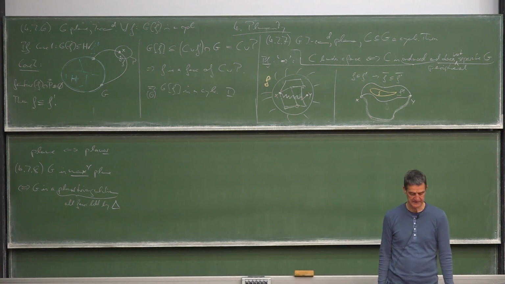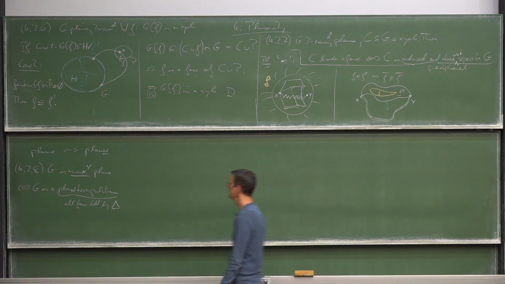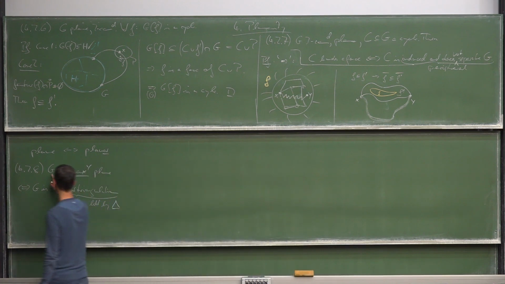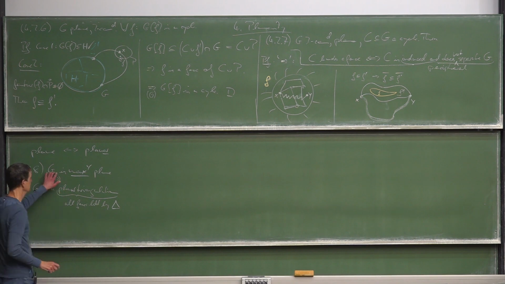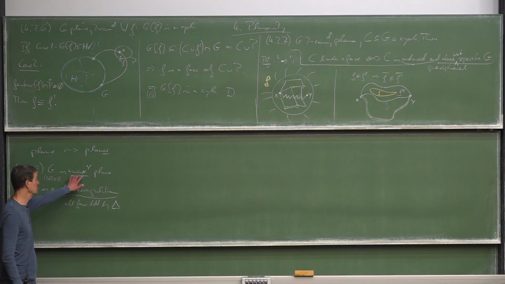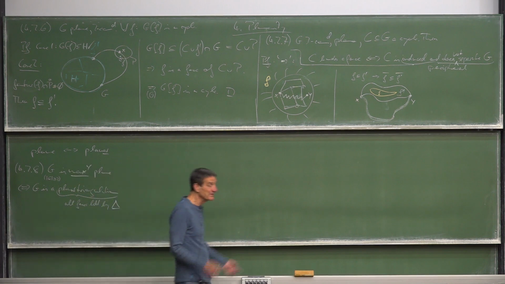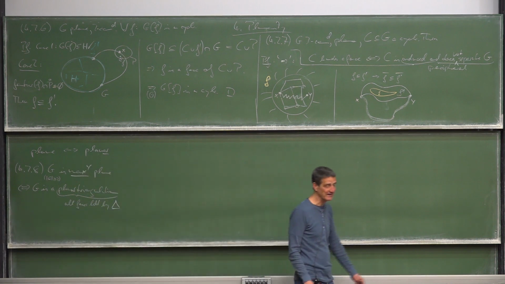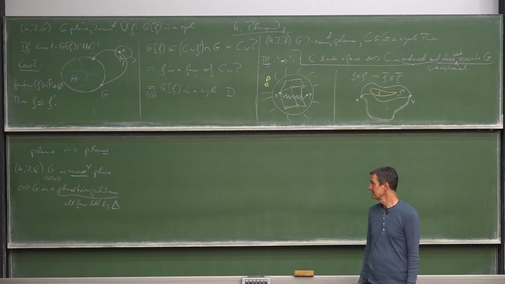And of course, G has to have at least 3 vertices. If G is a K2, then it's clearly maximally plane once you have embedded it in the plane, because there's nothing more to connect, and it doesn't contain a triangle even, but it does have a face and the face has a boundary.